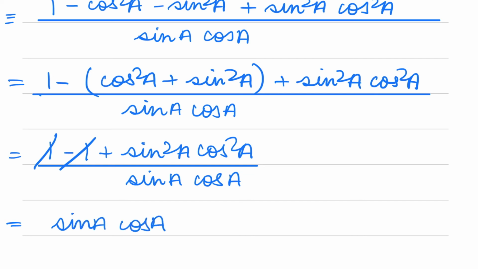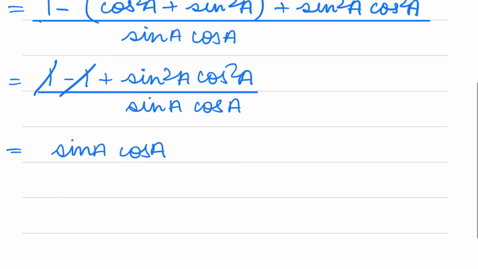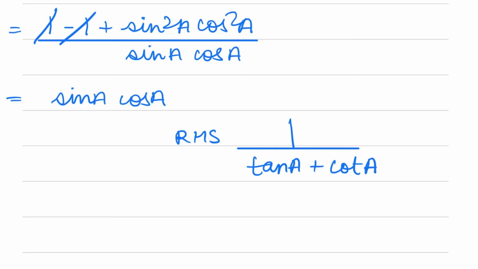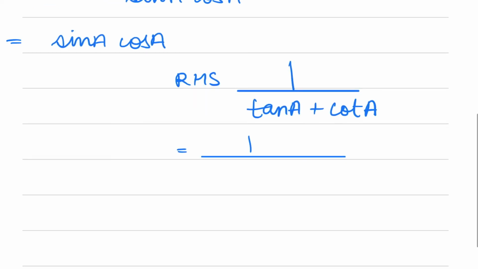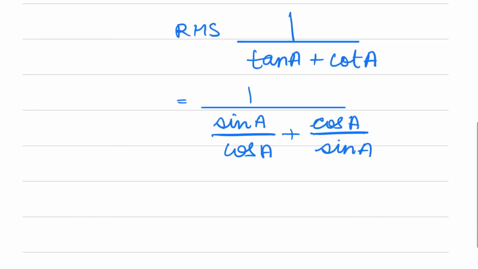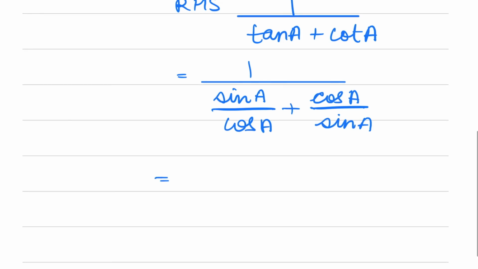Now we need to solve the right hand side too. The right hand side is 1 by tan A plus cot A. So this is equal to 1 by sin A by cos A plus cos A by sin A. Now we can take the LCM in the denominator.